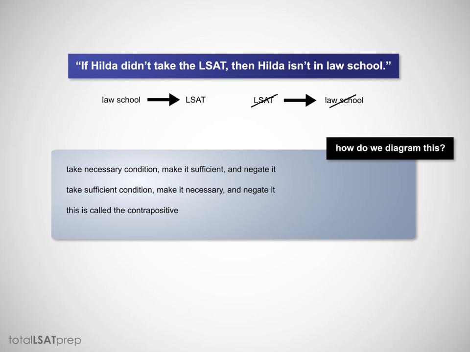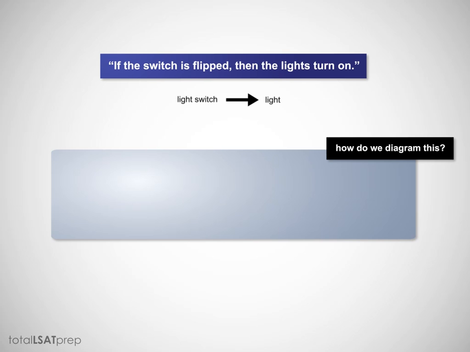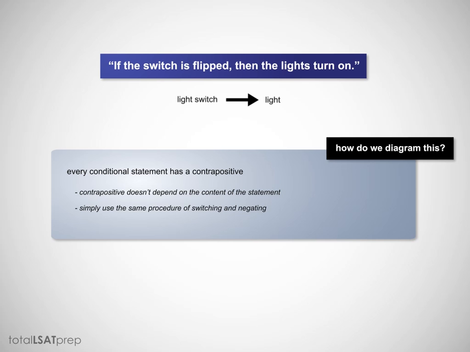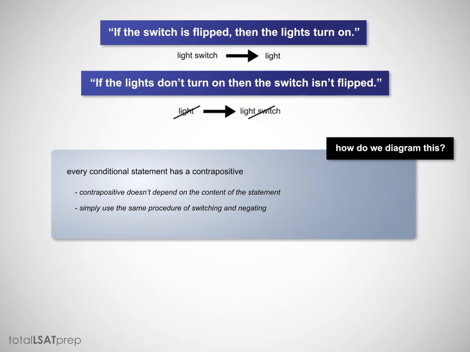So for example, if we take a look at this conditional statement, if the switch is flipped, then the lights turn on, our standard diagram of that is light switch, then arrow, then light. And as we mentioned, every conditional statement has a contrapositive. The contrapositive doesn't depend on the content of the statement, and you simply use the same procedure of switching and negating. So here we have the contrapositive of this statement: if the lights don't turn on, then the switch isn't flipped.